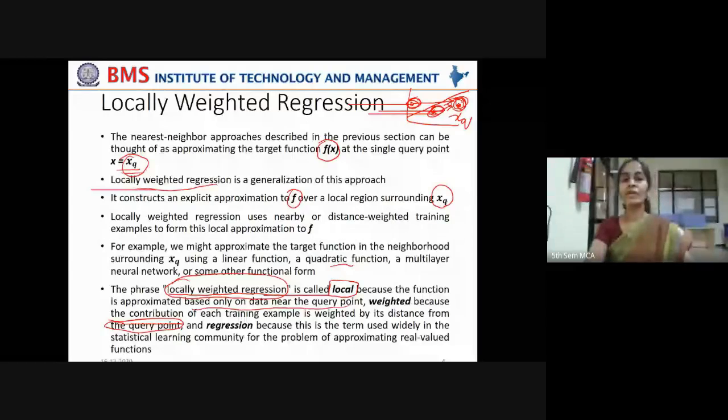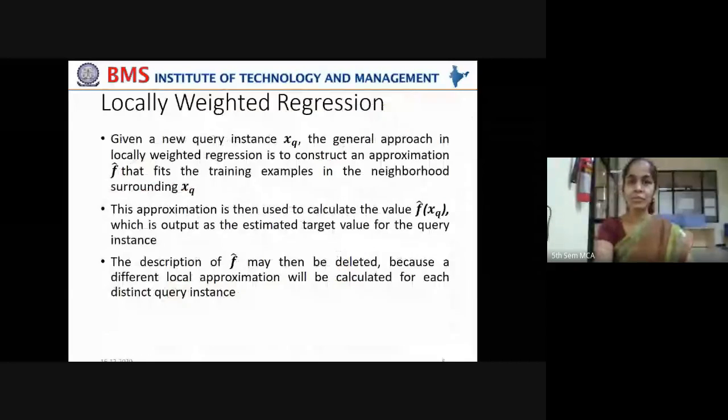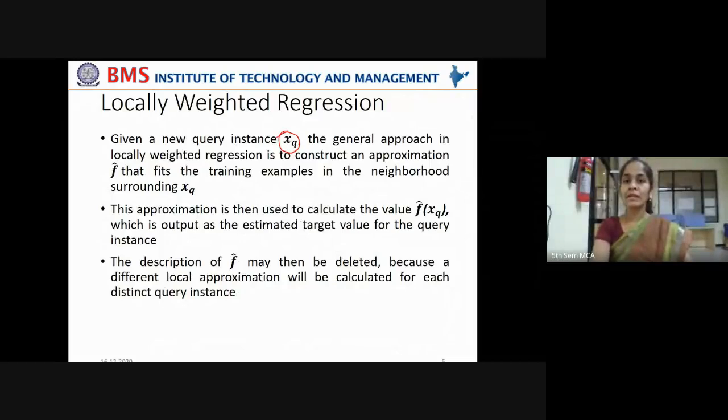Now, given a new query instance XQ, the new data point XQ, the general approach in locally weighted regression is to construct an approximation FCAP. Why do we call it an approximation? Because prediction is not a deterministic value.